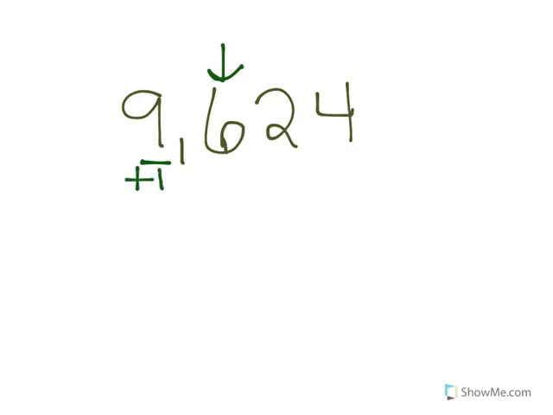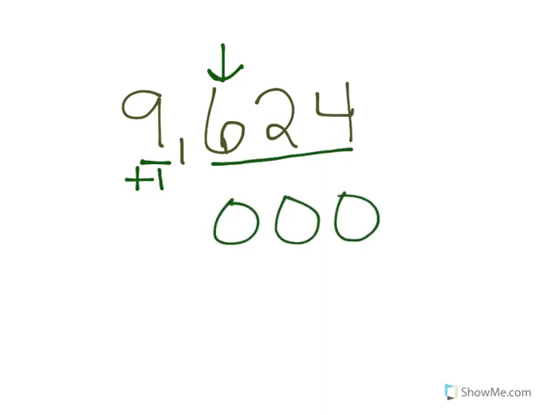So all these digits right here, 624, turn into zeros. And then 9 plus 1 turns into 10, and you have 10,000.